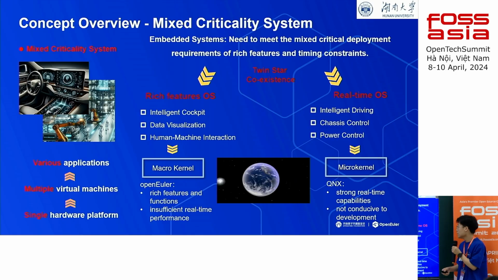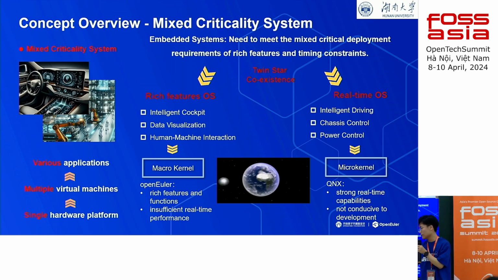These two can be considered as twin-star coexistent systems, just like in the figure. The rich-feature OS is the main star, and the real-time OS is the second star. For example, the main star may be openEuler, and the second star may be a QNX RTOS.